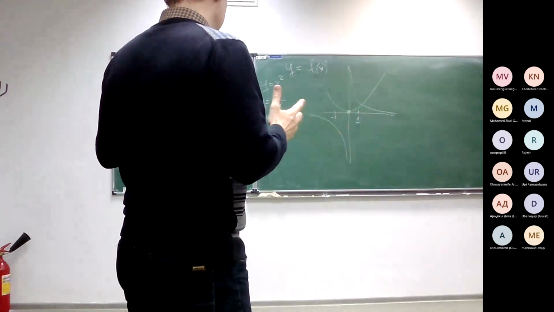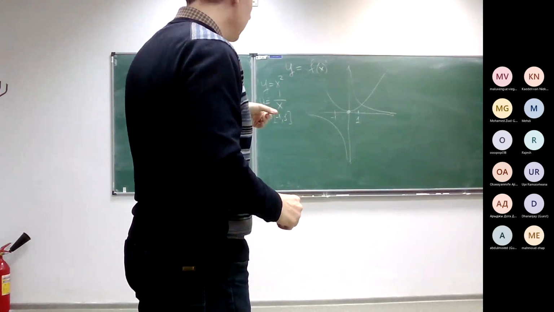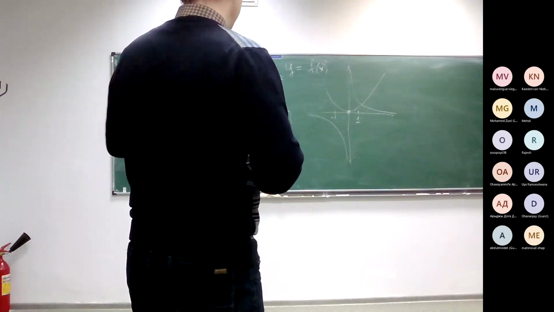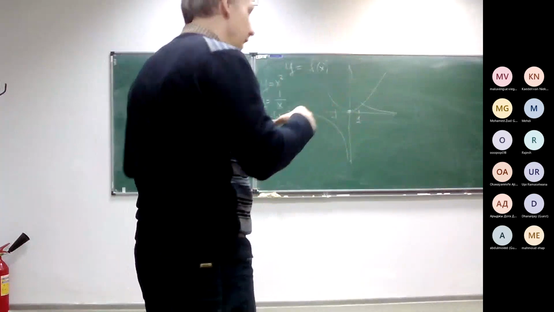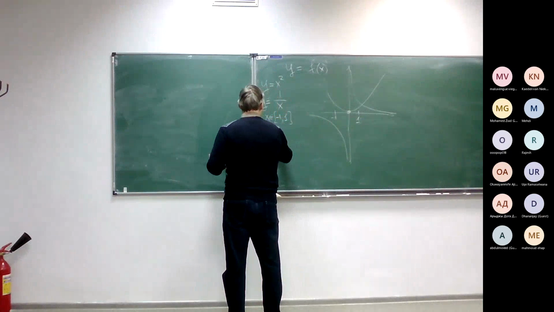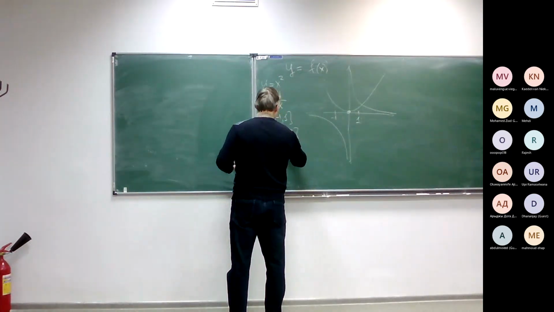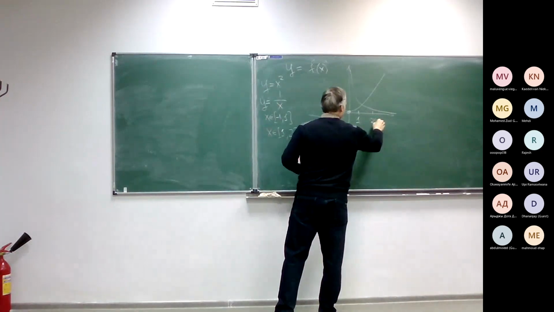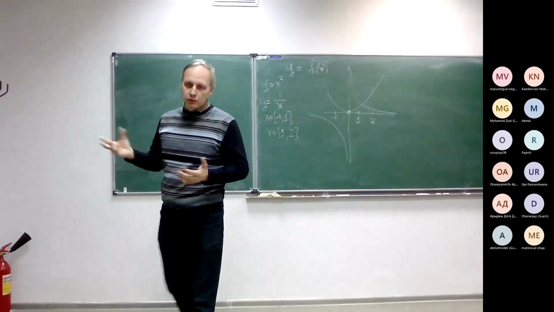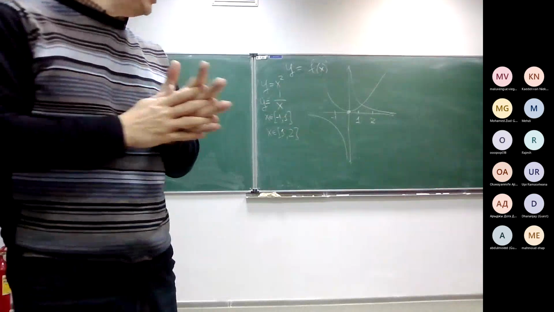And we can say that the function 1 over x is not continuous on the interval from -1 to 1. But if I consider the same function on a different interval, for example x from 1 to 2, on this interval the function is continuous. No point of discontinuity.